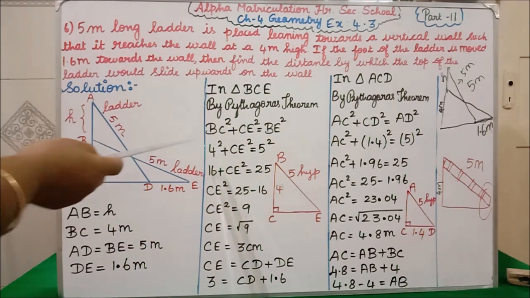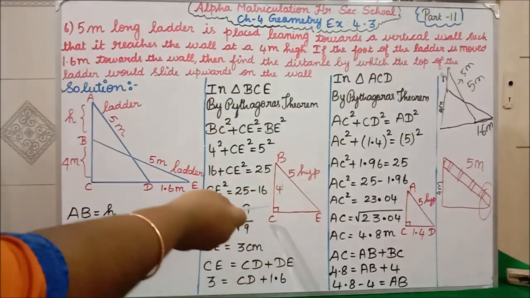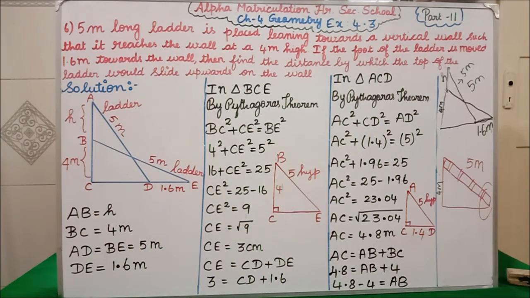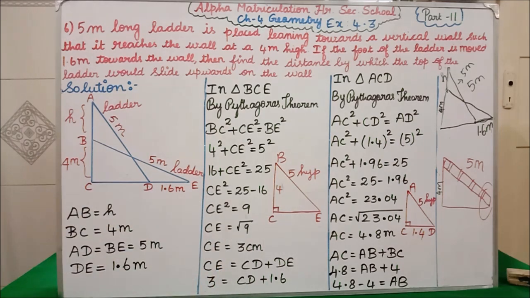So 4 square is 16, CE square I am writing as such, and 5 square is 25. In the next step I keep CE square on one side and take the 16 to the other side, which becomes minus 16. So 25 minus 16, what do we get? 9. CE square is equal to 9.